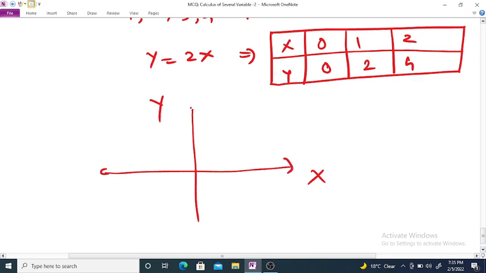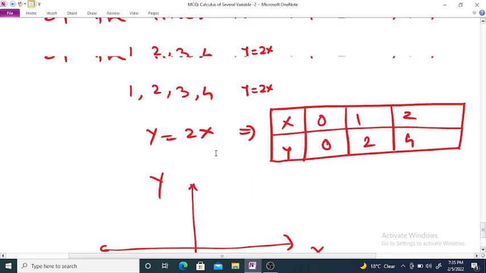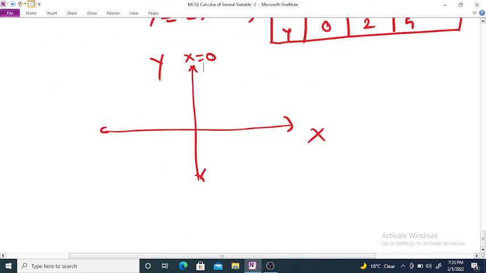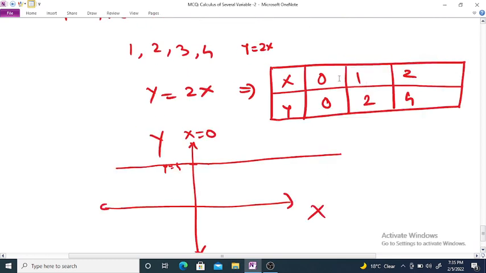The region is bounded by x equal to 0, which is the y axis, then y equal to 4. Then x is 0, y is 0; for x is 1, y is 2; and then x is 2, then y is 4.